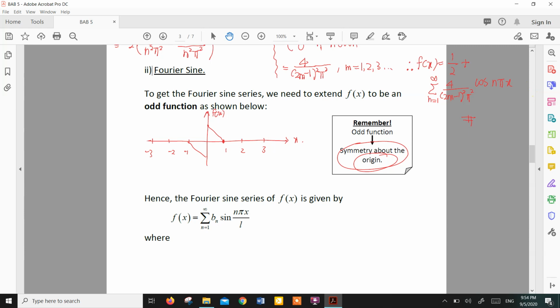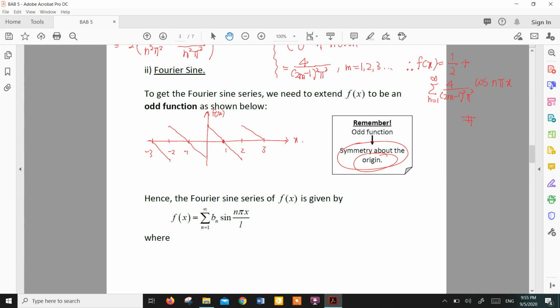So you must repeat the graph to be an odd function graph. So you will have this here, and this one will be here. Basically this is the graph for the odd function for the given function.